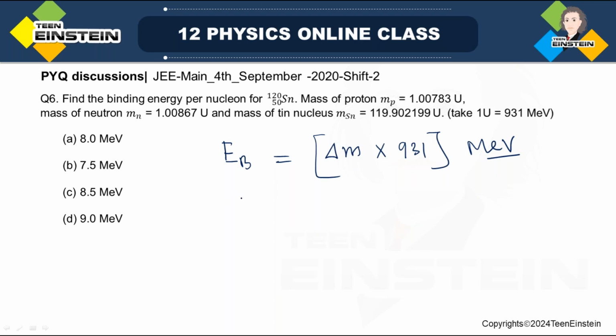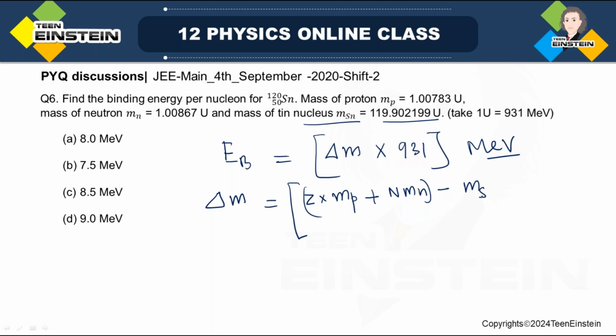So how to find out delta M? Delta M will be Z into Mp plus number of neutrons N into Mn minus the mass of the tin, that is, sorry, not atomic mass, mass of the tin nucleus, M Sn.